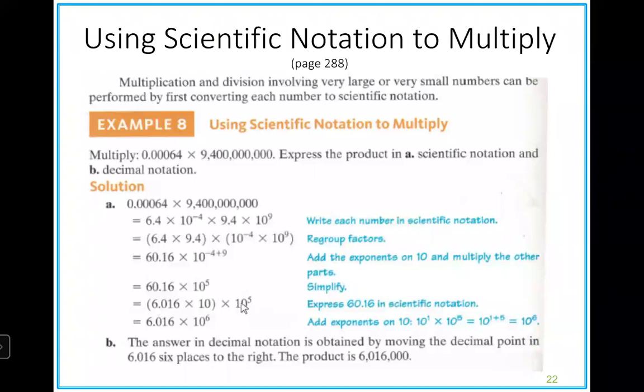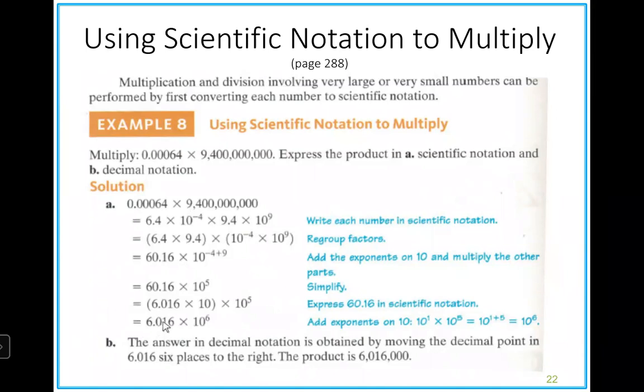Then once you remove the brackets, you multiply 10 to the first times 10 to the 5th, which gives you 10 to the 6th power. So in strict scientific notation, your answer would be 6.016 times 10 to the 6th. Part B wants the answer in decimal notation. So you're going to move the point 6 spaces to the right.